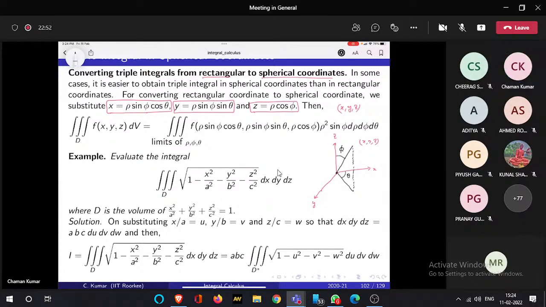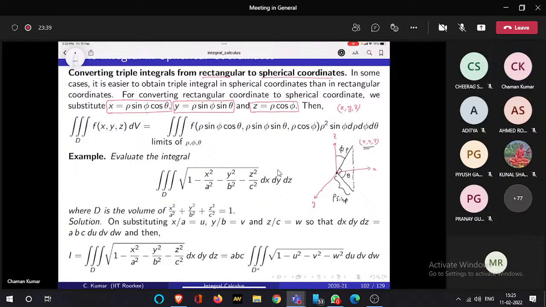Now you can easily calculate these lengths. So what is the length of this quantity? Rho sin phi. Yes, if the distance between the origin and the point x, y, z is rho, then this length will be rho sine phi, because this is a right angle triangle.